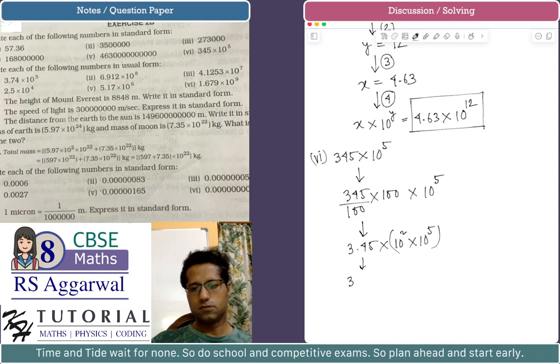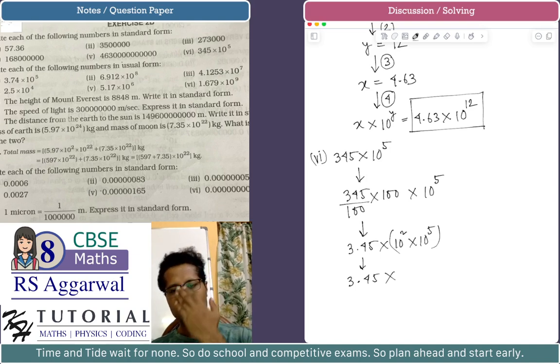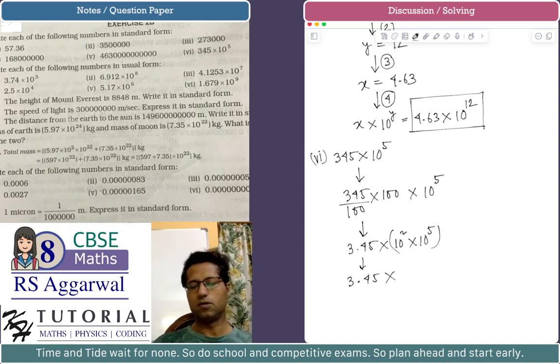So this becomes 3.45, 10 square into 10 to the power 5. From the laws of exponents, you can say this is 10 to the power 7. So this is the standard form.